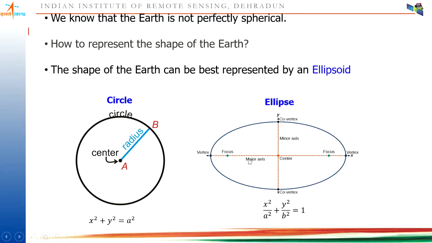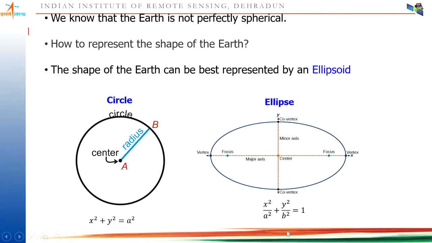The minor axis is defined as 2b, that is 2 into b, and the major axis is defined as 2a. Now the equation of that ellipse is x square upon a square plus y square upon b square equals 1.